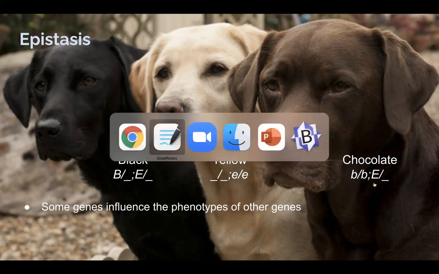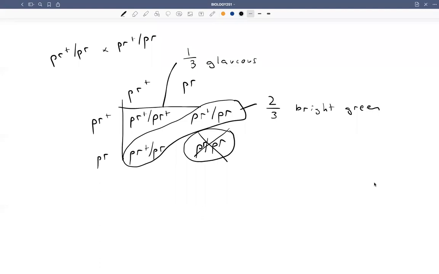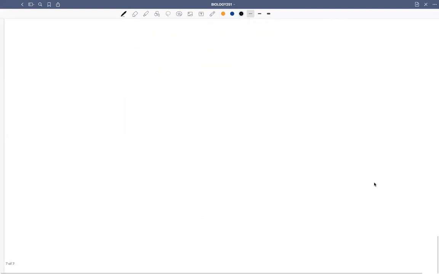So I mentioned gatekeeping. So spell out the causes here. So we have the E gene first. And if the E gene is homozygous recessive, that goes directly to causing the yellow lab coat color.